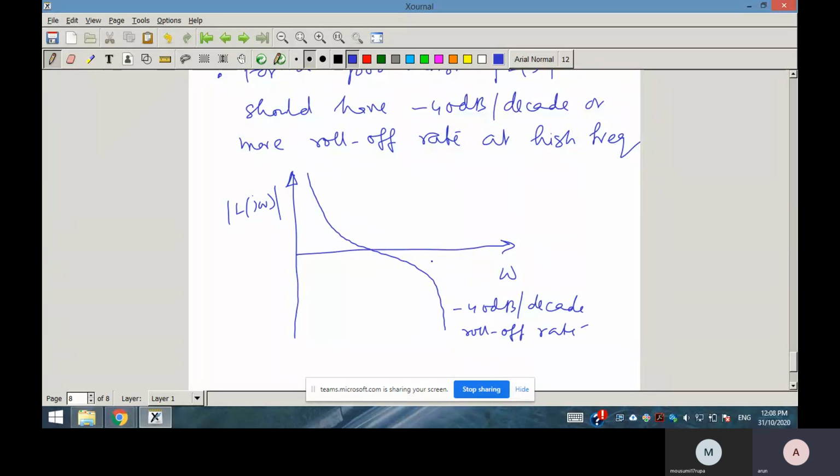Now we will consider a couple of examples to illustrate the method we have discussed to tackle robustness against unmodeled dynamics.